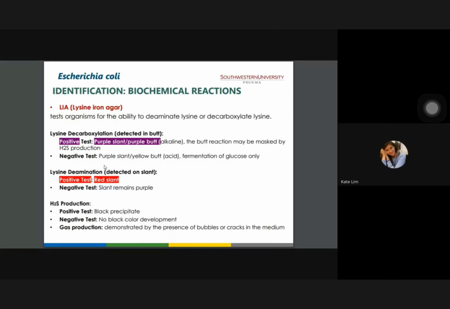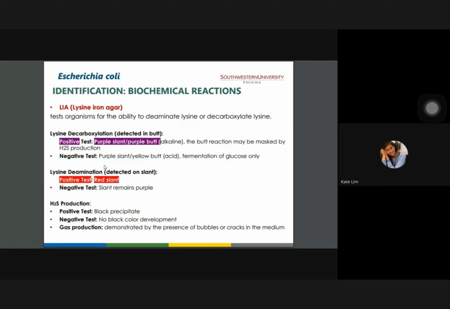That is why for lysine decarboxylation, you need to check the bottom of the tube. If it's purple, then it is positive for decarboxylation because of the cadaverine. But if it's negative, the butt would remain yellow, or it could be red, but it is negative because it was not reverted to purple.